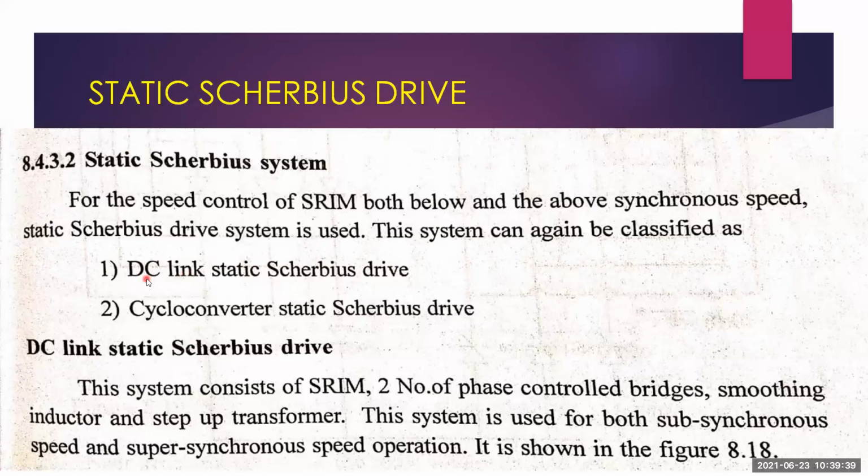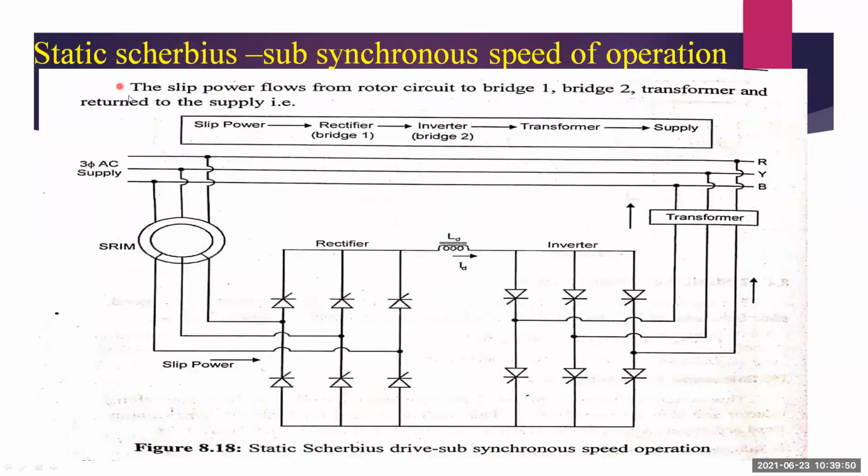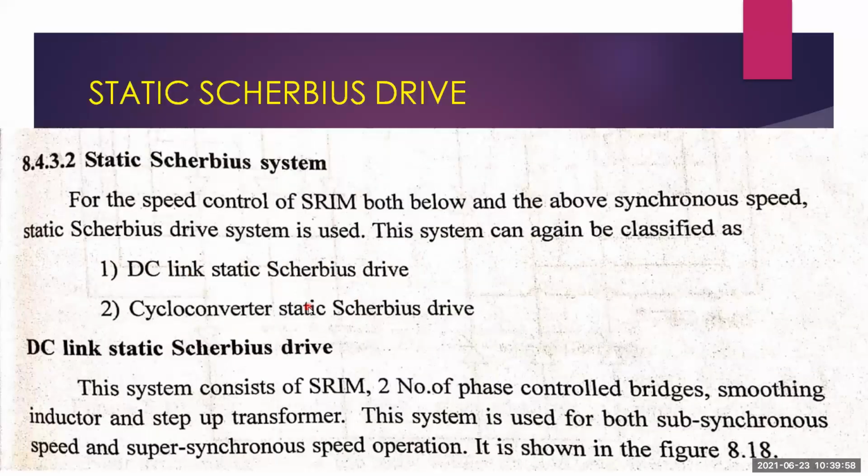The first one is called the DC link static Scherbius drive. The system consists of a slip ring induction motor. This is the static Scherbius drive for subsynchronous speed of operation. This is the circuit diagram of the static Scherbius drive. It consists of a slip ring induction motor and two phase controlled bridges.